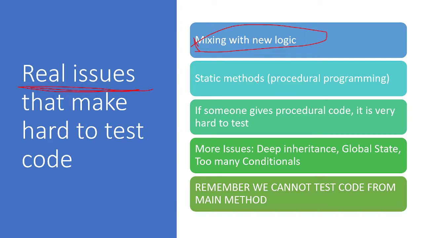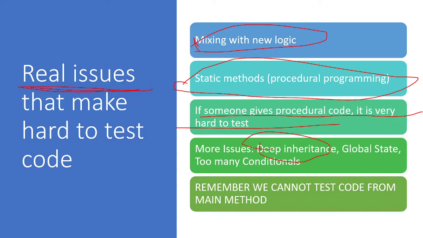Static methods is another reason why we'll have hard to test code. It happens with procedural programming. If someone gives procedural code, it is very hard to test. More issues that could make hard to test code would be deep inheritance.